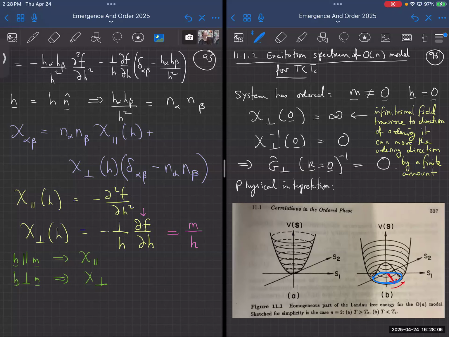That means those states all have the same energy. So it costs me no energy to rotate the direction of ordering. And that's why I don't need a finite amount of push to make the direction of ordering change. So this divergent transverse susceptibility is really a consequence of the infinite degeneracy of the ordering.